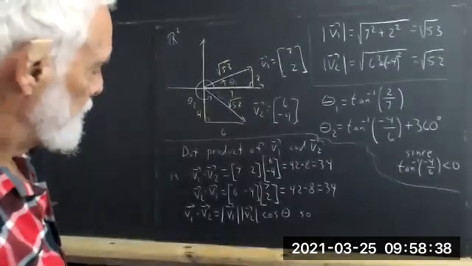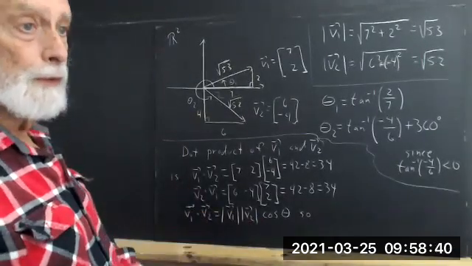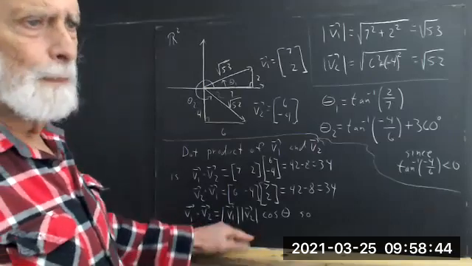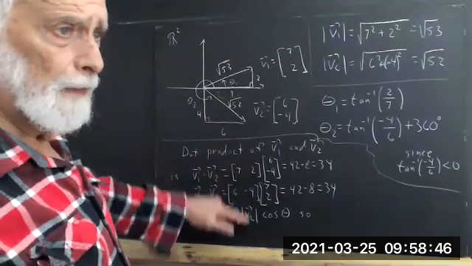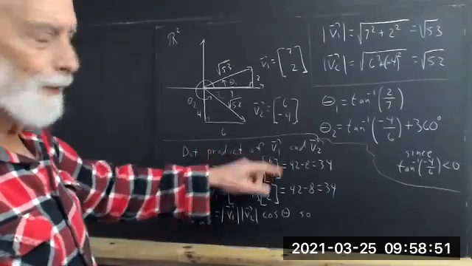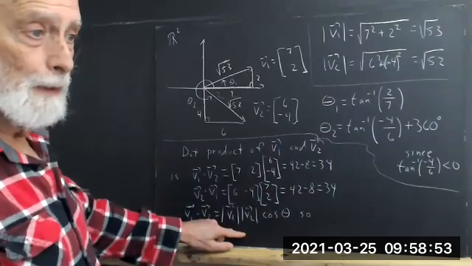So now this is the definition of the dot product, incidentally. I mean, it can be taken as a definition. This could be taken as a definition, or this could be. If this is a definition, then it has to be like this. And if this is a definition, it has to be like this.